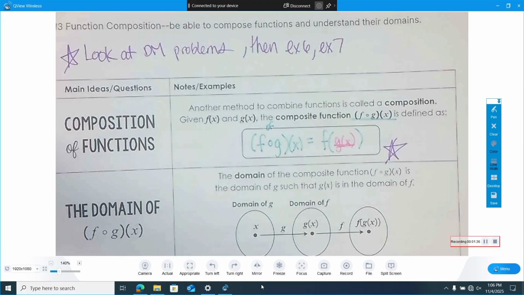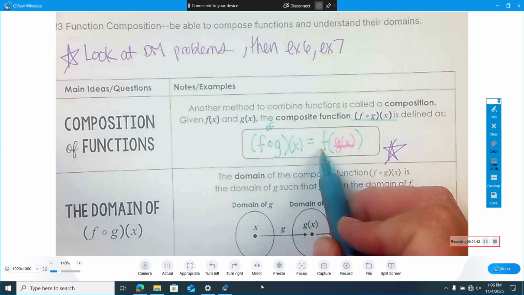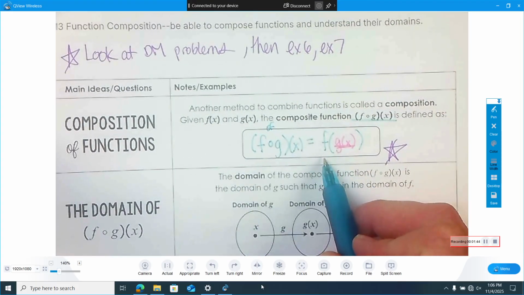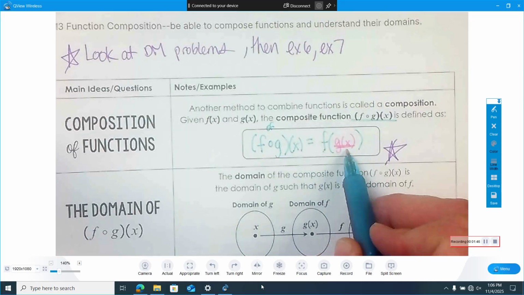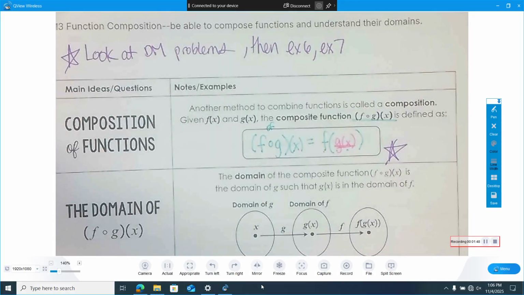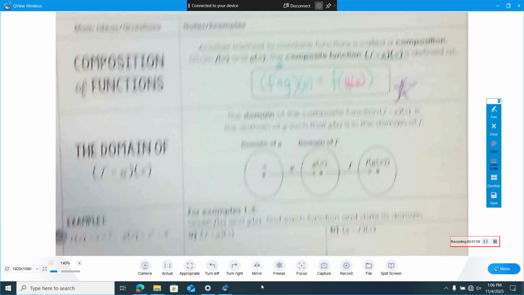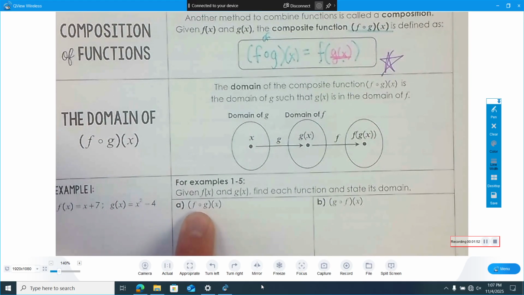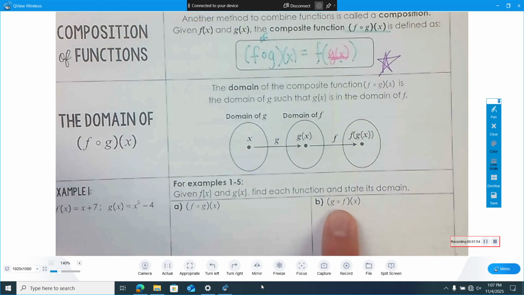I'm not going to spend too much time on it, but it's easier to talk about graphically. So this is F of G. It means F of G of X, and it can go both directions. You see here we have F of G, but then here we have G of F. All right, so the order matters here.